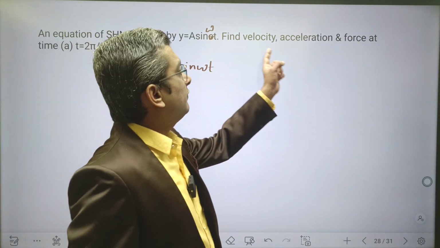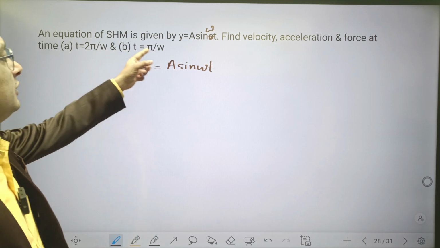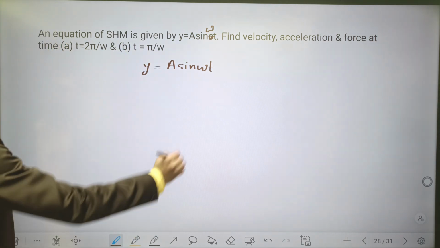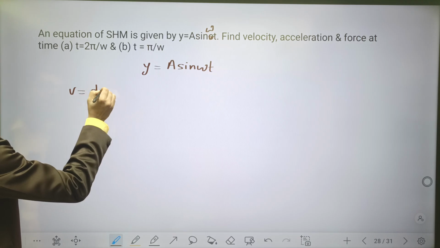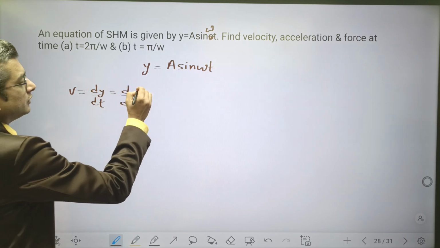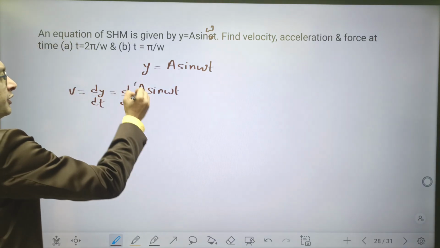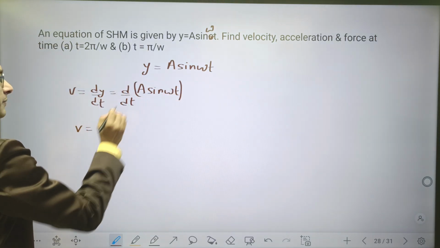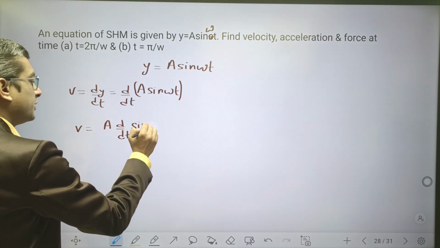Find velocity, acceleration and force at time t is equal to 2 pi by omega and t is equal to pi by omega. Since velocity of SHM is given by dy by dt, that is d by dt of a sine omega t. Here a is the amplitude, that is constant for a given SHM, so take it outside, and you are left with d by dt of sine omega t.